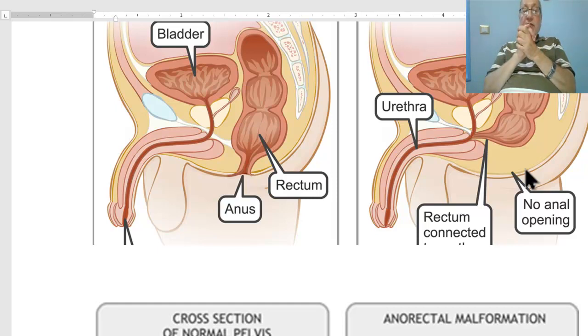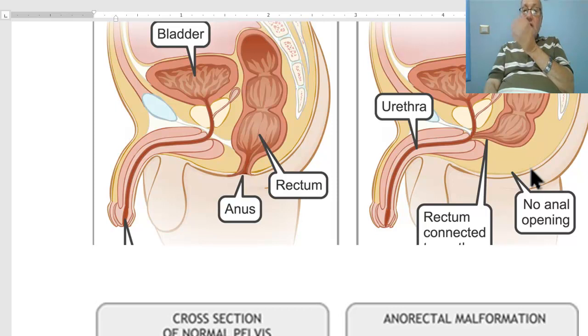Then the anal opening is mobilized and transferred to the normal position.